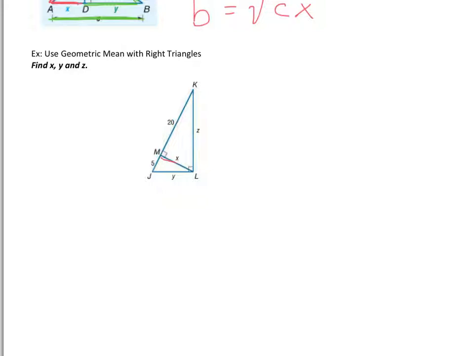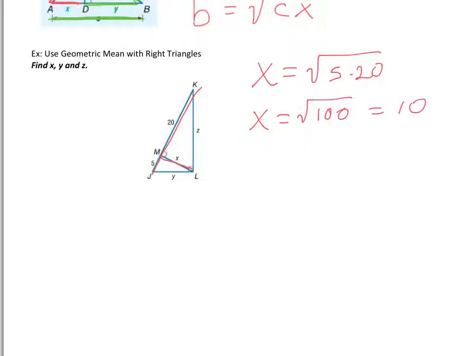Notice my altitude is X. So I'm going to say that X is the geometric mean, the square root of 5, this segment, times this segment, 20. So X equals the square root of 100, which is 10, isn't it? So here we have X.